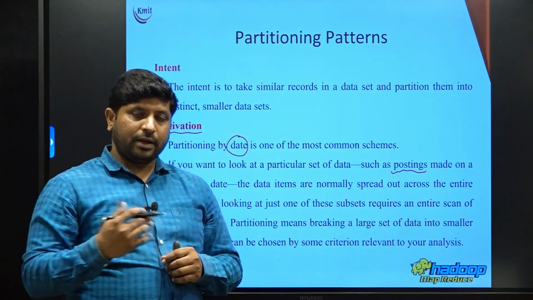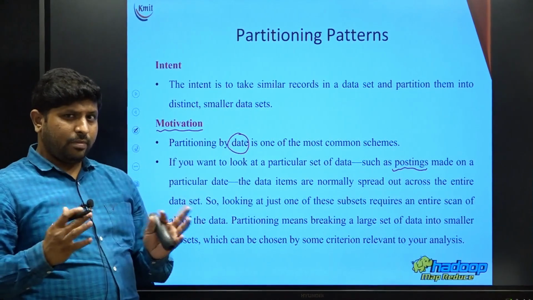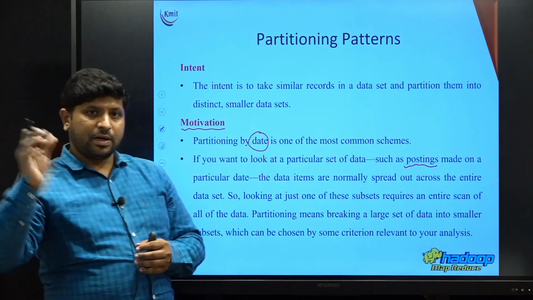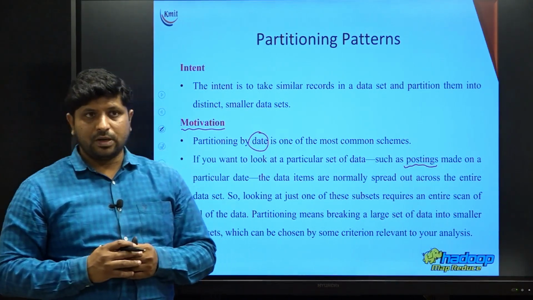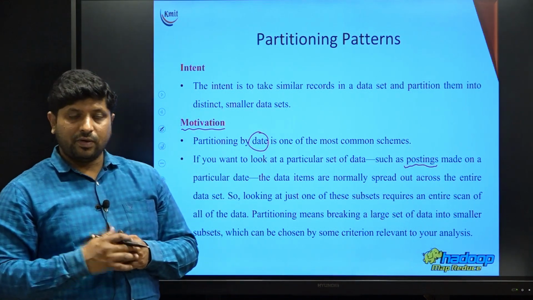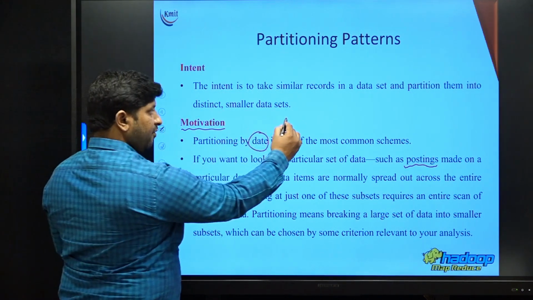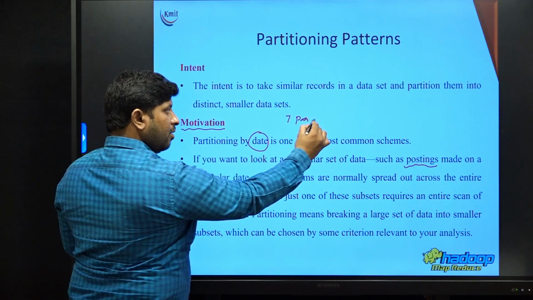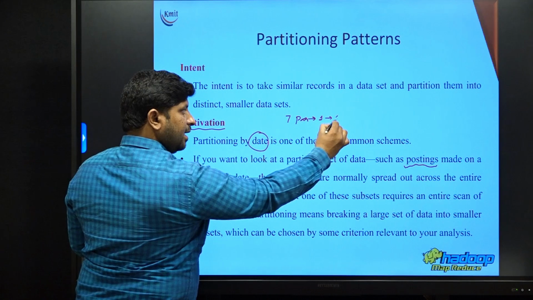Here we can come up with two or more parameters. In a day, how many posts there are in a particular hour is also possible. Or in a week, day-wise partitioning can happen, where 7 partitions are made, one partition per day.